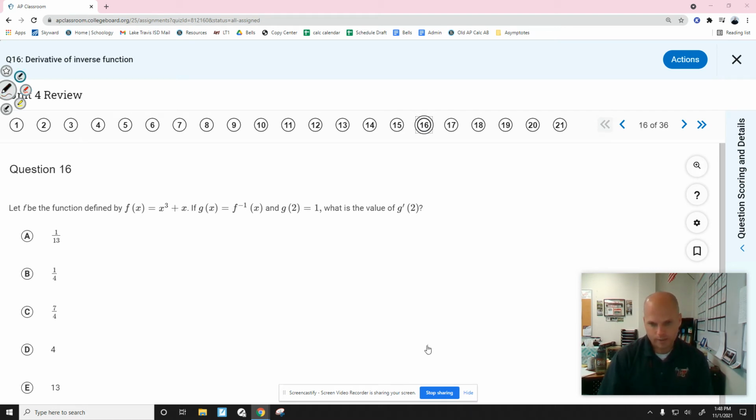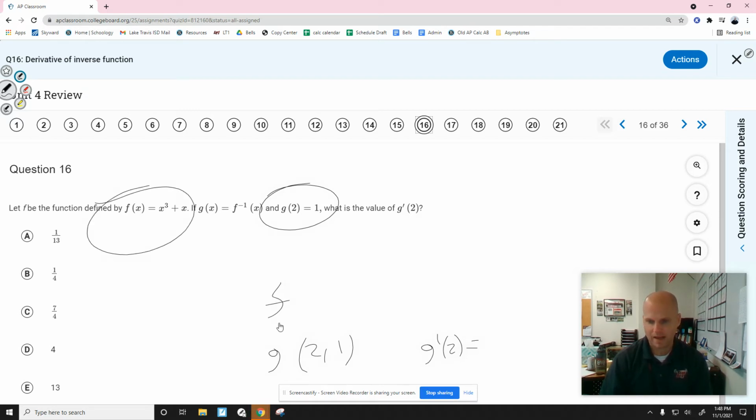Getting tired of these. I did a whole homework video earlier on these. Oh, hooking you up. g of 2 is 1. Maybe this is confusing you. g of 2 is 1. What's g prime of 2? Well, since you're given information about f, we need to figure out the slope of f not at 2, but at 1.